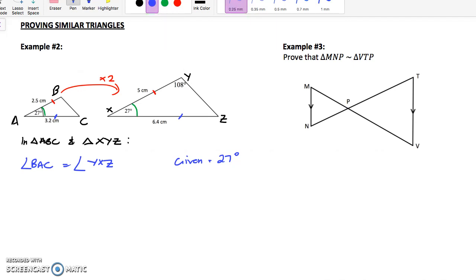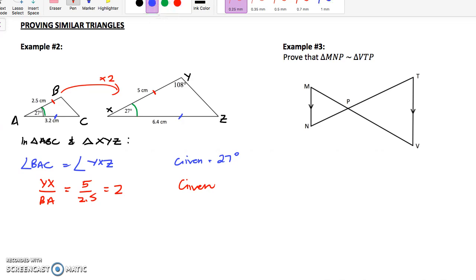So I'm going to say that the ratio between the second triangle, so I'm going to put that in red so we can see, YX compared to now BA, this should be in a ratio. So let's have a look. 5 to 2.5, that has a ratio of 2. This information is given to me because the sides are given.